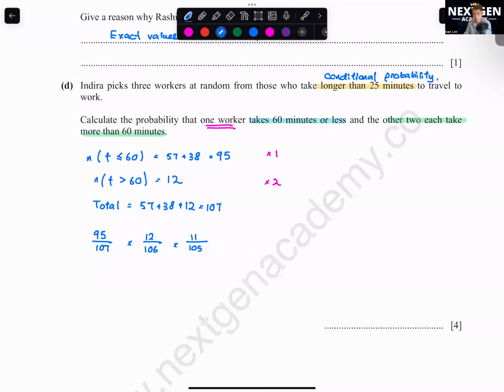Everyone understand this part first? This is also a without replacement type of question. Why 11? Without replacement, because you take that person out of the group already. So the denominators go down by one, and this one also goes down by one. You select them already, they cannot be part of the group anymore.